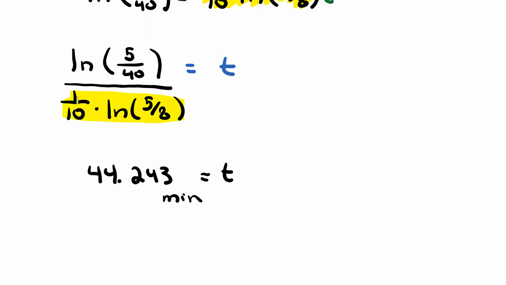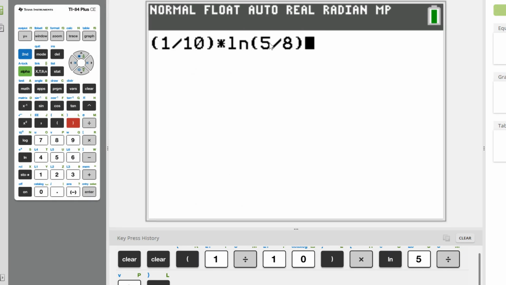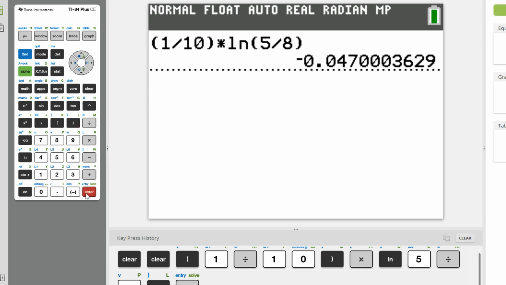Now, when you're putting this into a calculator, my recommendation is to put the denominator into the calculator first, find that answer, and then divide by the numerator. So what does that really look like? I have it ready here. I would put this expression, the denominator, into your calculator first and find out what that equals, some weird negative number.